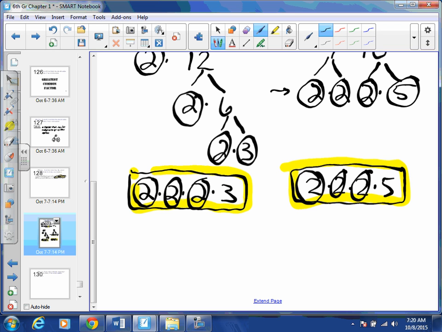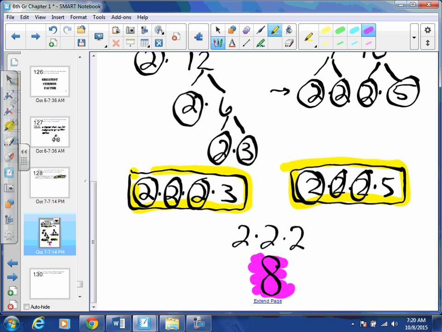They don't both have 3s, they don't both have 5s, so that's it. Then you take their common prime factors and multiply them out. So 2 times 2 times 2 equals, oh, there it is. We got the same greatest common factor as when we made lists the first time, but it's a different strategy to find the answer.